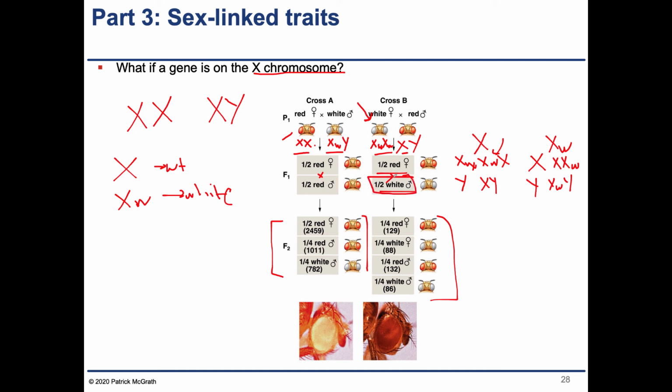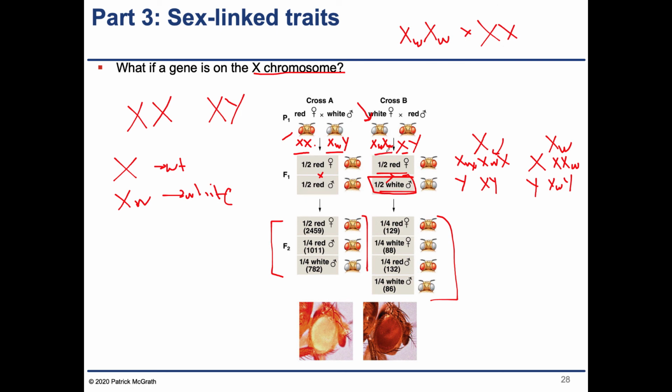So this is an example of a rule that might be violated. If this was autosomal, it would look something like this. In this case, if it was autosomal, none of the offspring would have the trait.